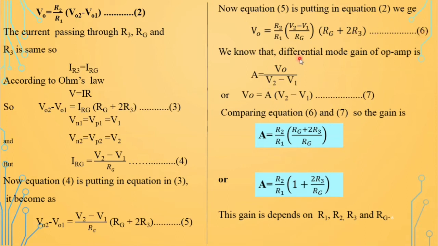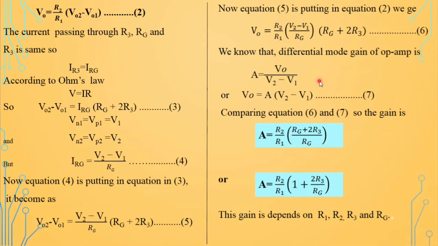We know that the differential mode gain of an operational amplifier is A is equal to Vout divided by V2 minus V1. So we can also write Vout is equal to A times V2 minus V1. Suppose we compare equations 7 and 6.